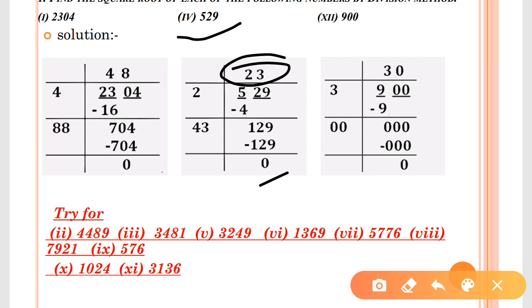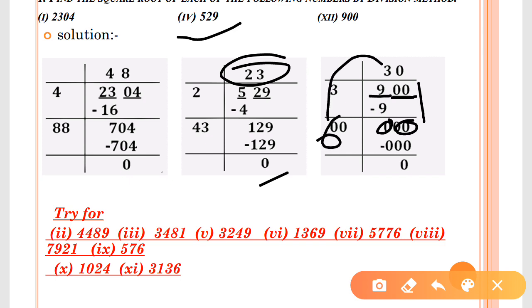Similarly, we have 900, and we will pair. So we pair these two zeros and the 9 here. So 3 3s are 9, and subtracting this, we got 0. Now we will copy the pair here. It becomes 00. Now we will double the quotient here.